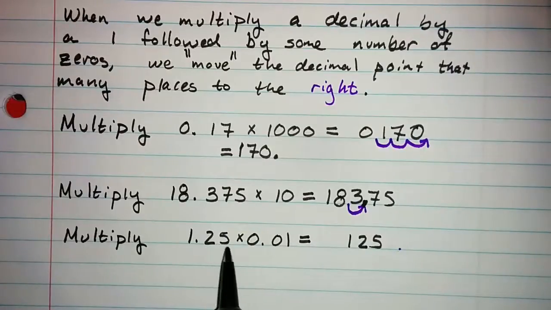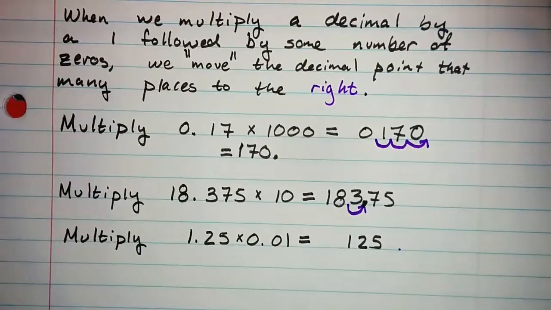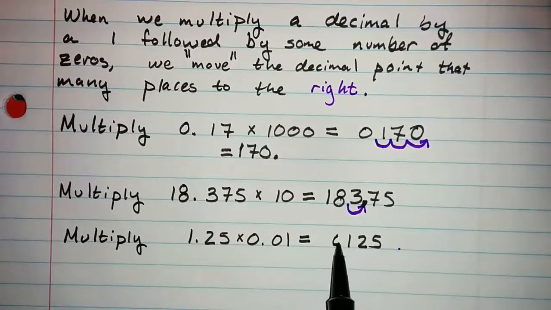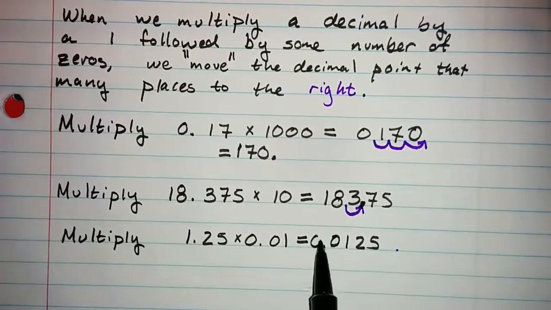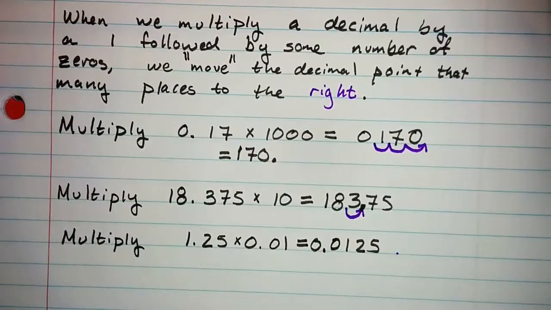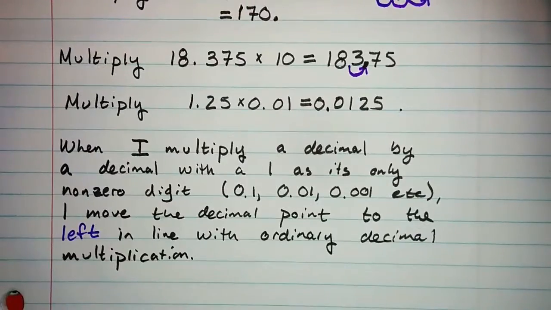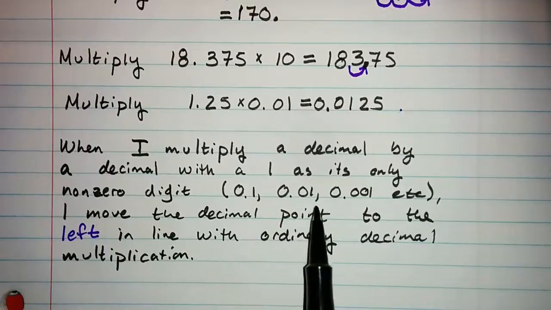And then I want 1, 2, 3, 4 digits to the right of the decimal point. 1, 2, 3, 4. We get 0.0125. When I multiply a decimal by a decimal with 1 as its only non-zero digit, like 0.1, 0.01, 0.001, I move the decimal point to the left. How many places? The same number of places that ordinary decimal multiplication would tell me to move it.